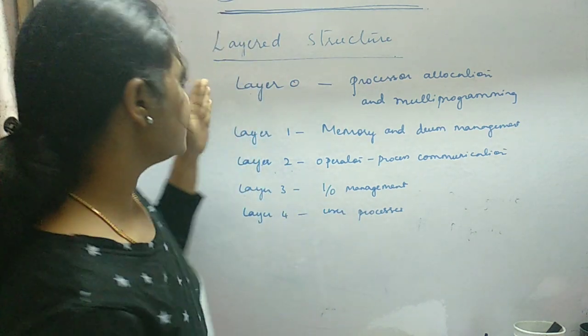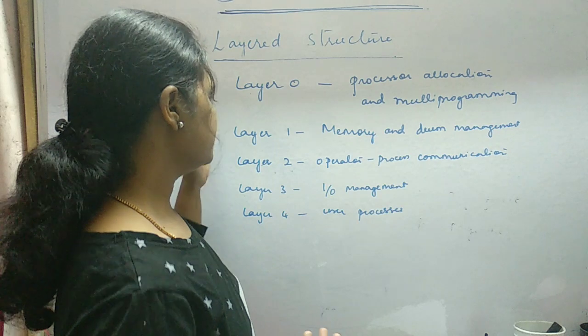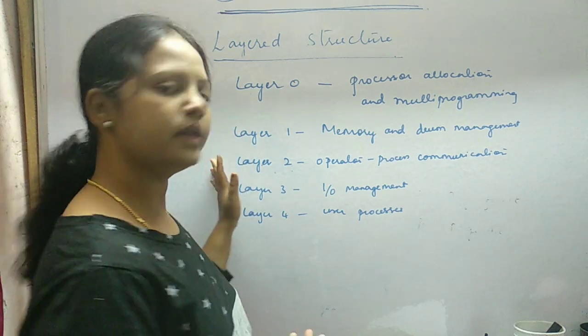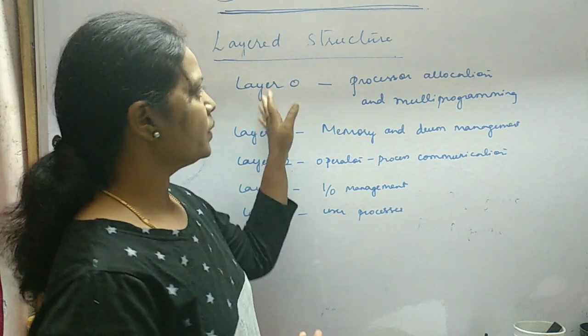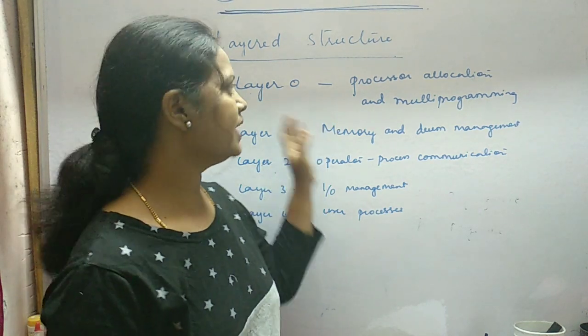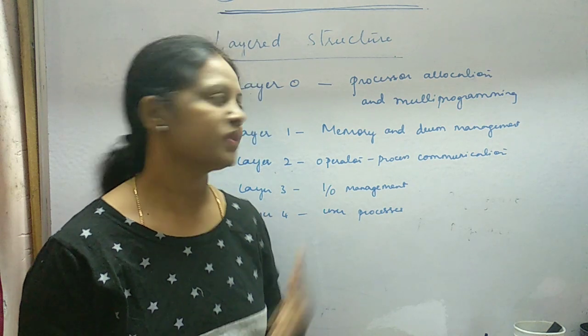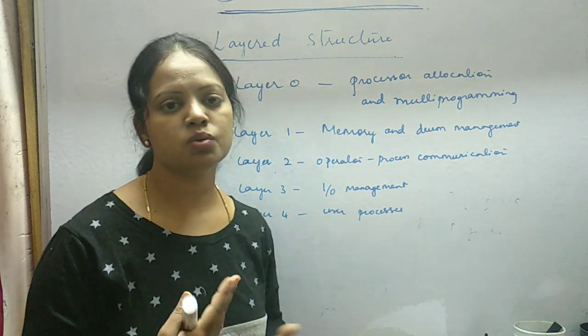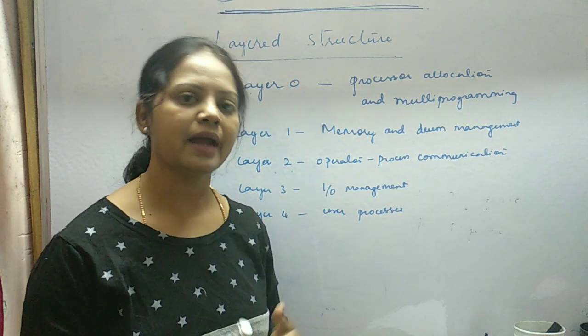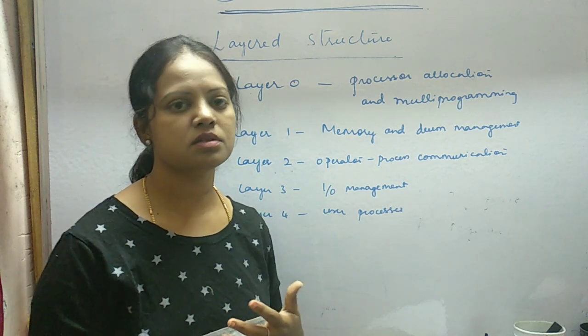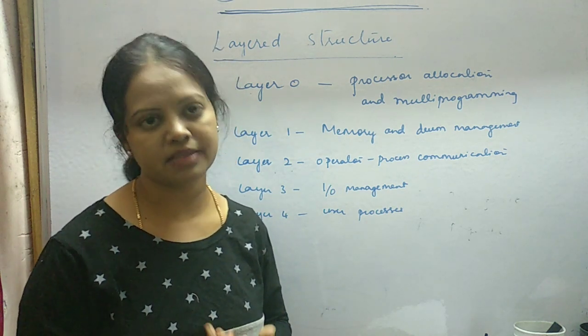Here we can see the multi-programming system, which uses different layers like layer 0, layer 1, layer 2, layer 3 and layer 4, and here the layer 0 system will handle the process allocation to implement multi-programming. The function involved is to keep track of process state and switch between the processors by using some priority based scheduling.